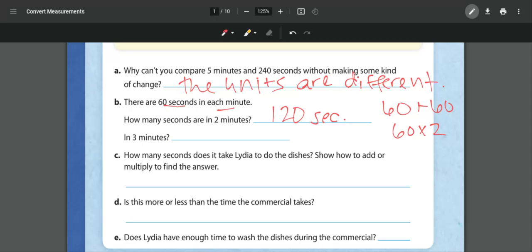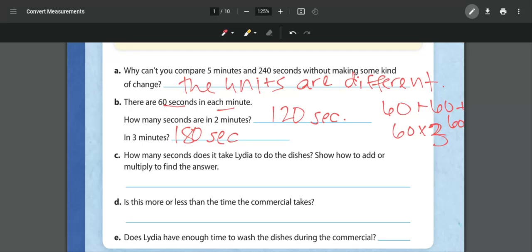Well, I'll just do 60 times 3. 60 plus 60 plus 60, or 60 times 3, is 180 seconds in 3 minutes. Because for every minute you have 60 seconds.